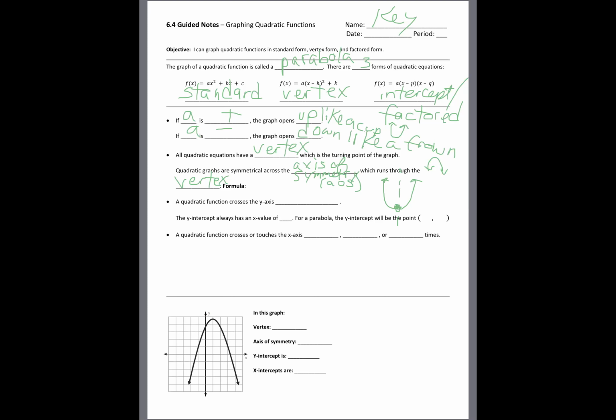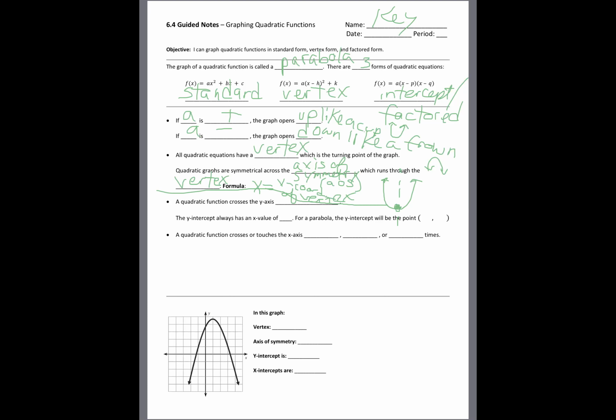So the equation for the axis of symmetry is just x equals whatever the x coordinate of your vertex is. So x equals x coordinate of vertex. Sorry, I'm sort of running out of room here.